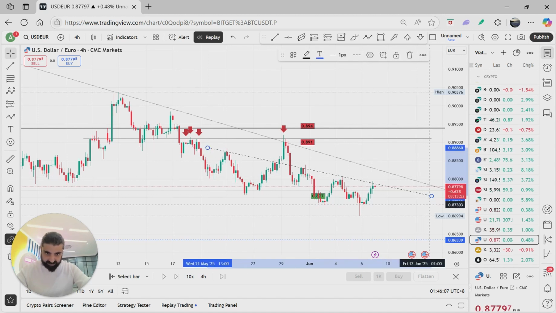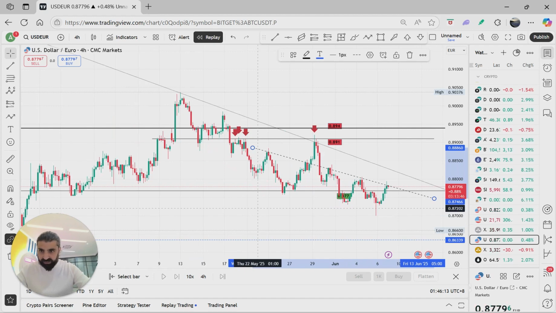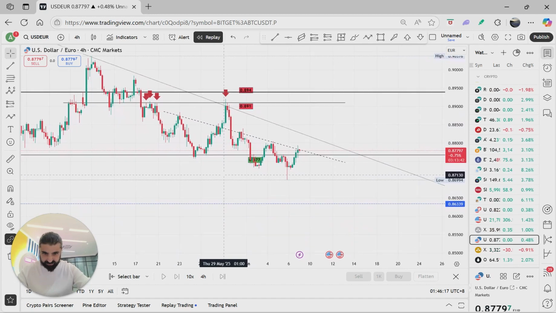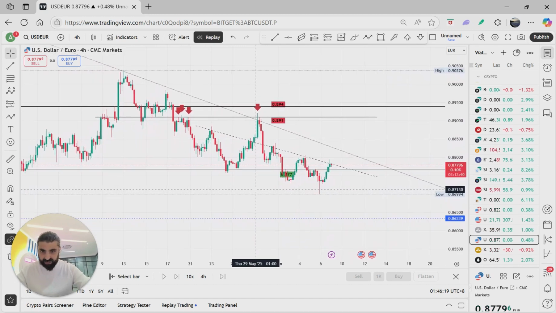So we see that currently the US dollar euro is sitting on its resistance.